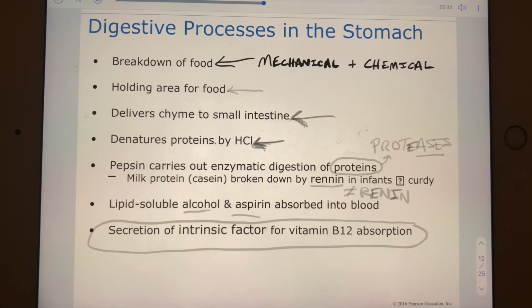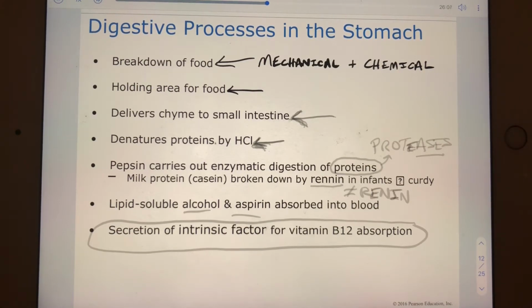The stomach acts as a storage tank, so that our small intestine and just subsequent alimentary canal isn't getting huge batches of food all at once. It's getting a little bit at a time, a little bit at a time, a little bit at a time. And if it's only having to manage a little bit of foodstuffs at a time, then it can do a more thorough job. So the stomach, it's a bit of a storage tank.